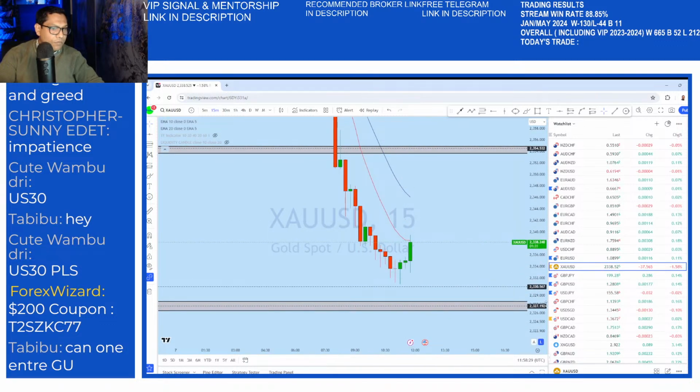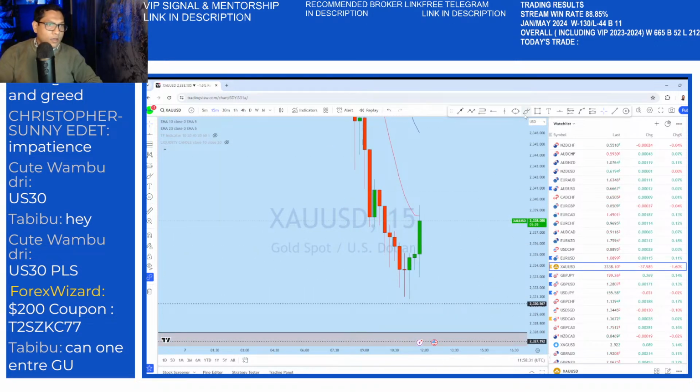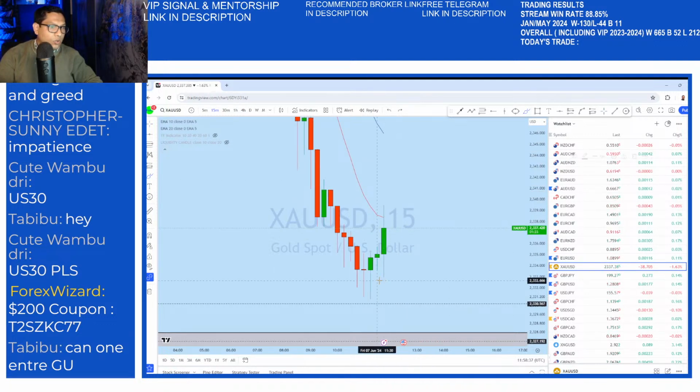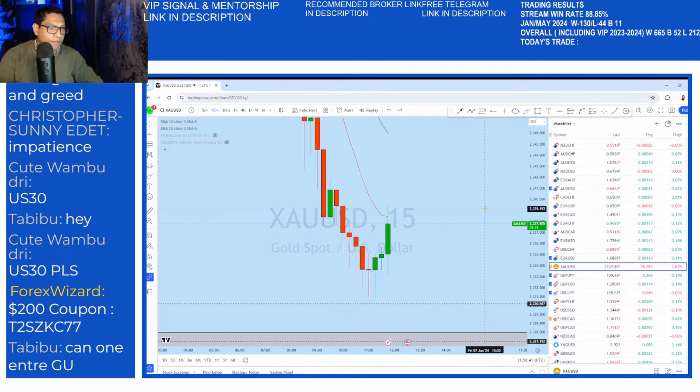So there is a liquidity candle formation here, and with this liquidity candle formation, the candle is still not closed.